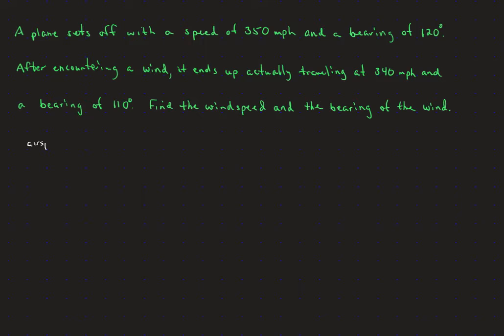So our airspeed vector, which I'm going to call A, is going to have a magnitude of 350 times, and now I need to draw a picture. So we're going to have to go from a bearing to a direction angle, do the computations, and then go back to a bearing again.